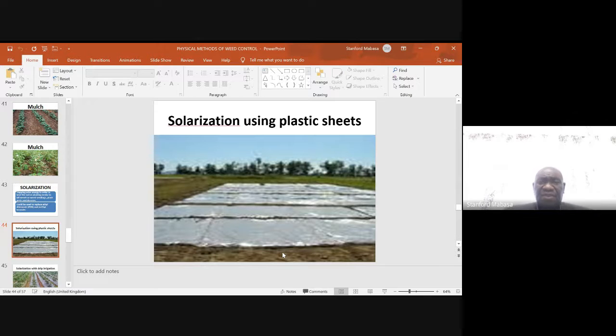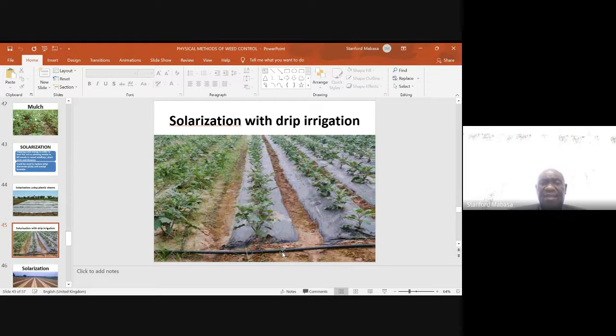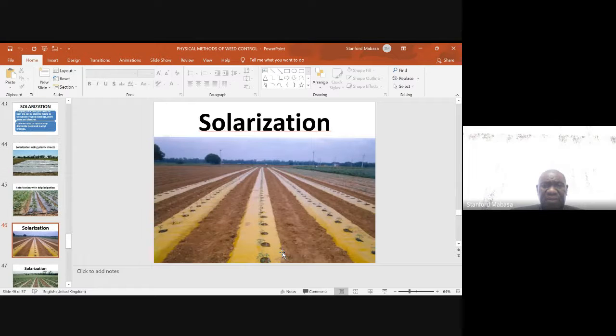This is an example of solarization using plastic sheets. Again, a combination of solarization and drip irrigation. In solarization, you can see holes which have been made to allow the crop to grow through.